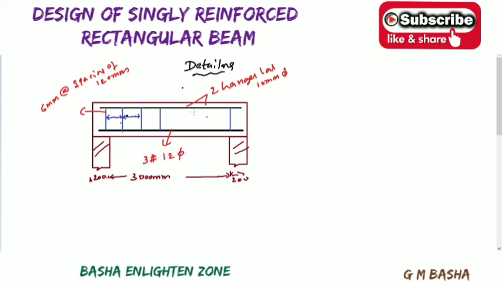This is the way to mention each and everything in detail for the beam. At the same time, provide the effective span also. It is better to mention the effective depth taken from the center, that is 160 mm, and the overall depth D equal to 200 mm.